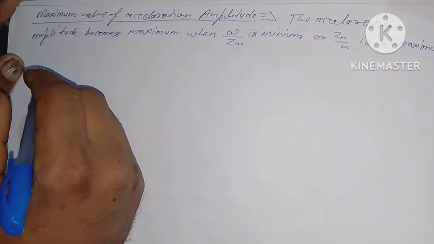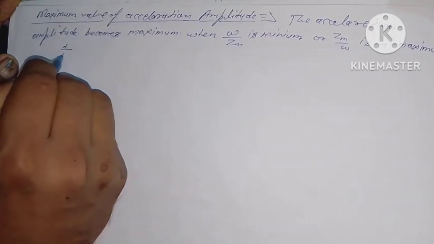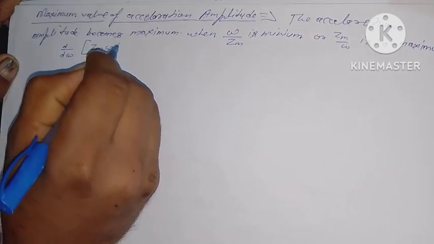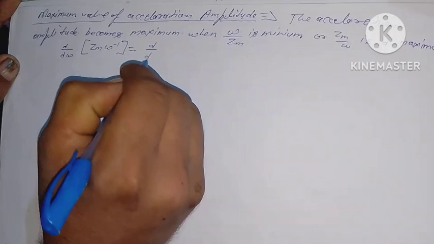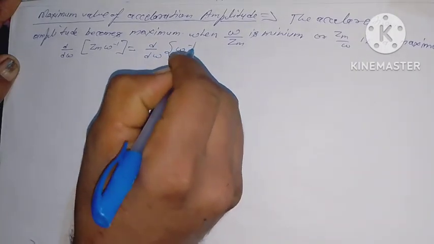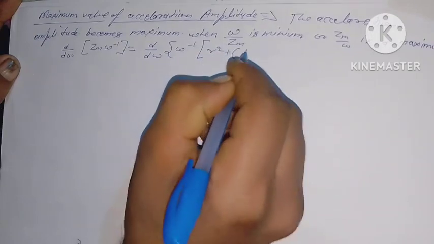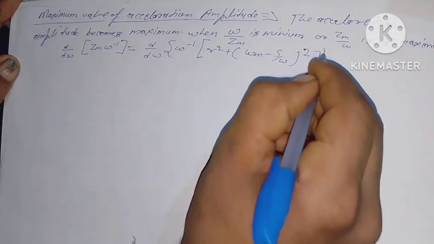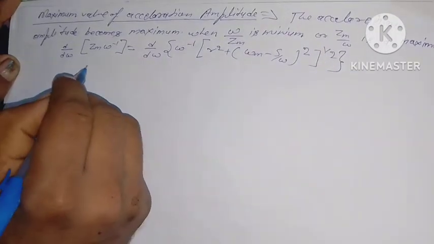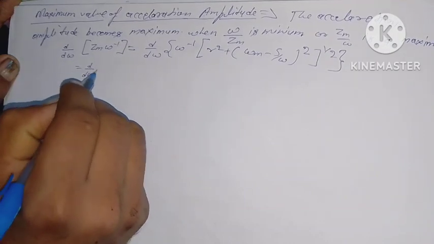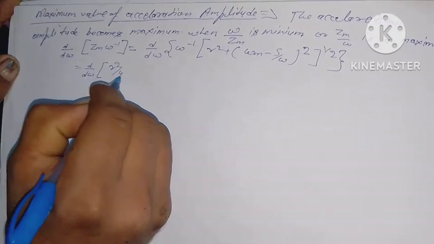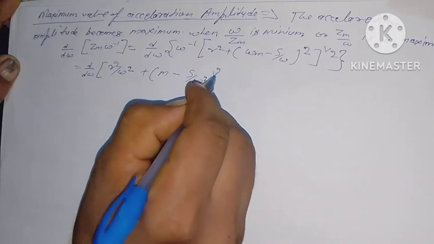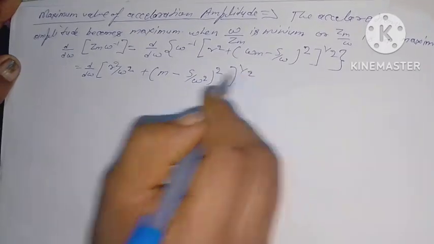Okay. For a maximum, d by d omega of (Zm by omega) equals d by d omega of [r square by omega square plus (m minus s by omega square) whole square] to the power 1 by 2.